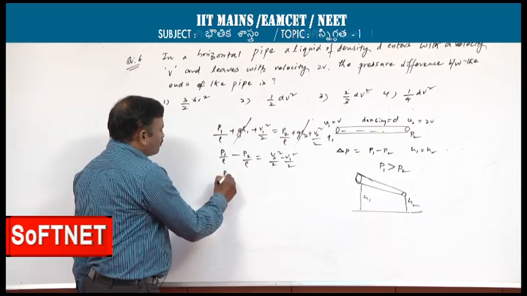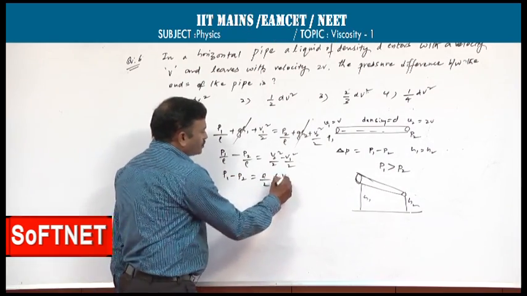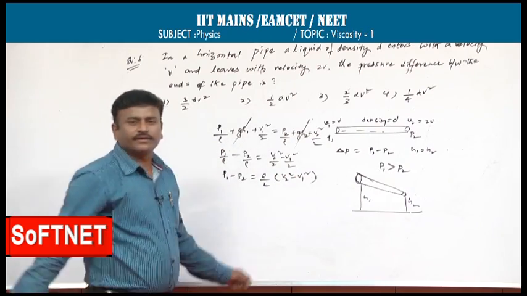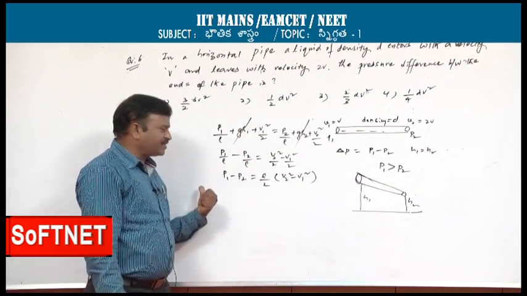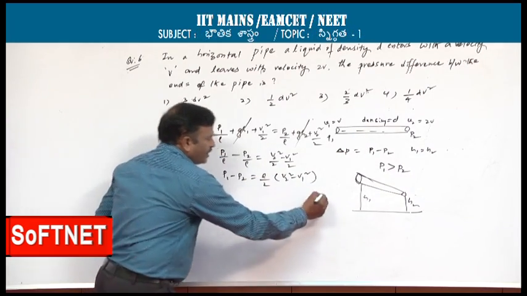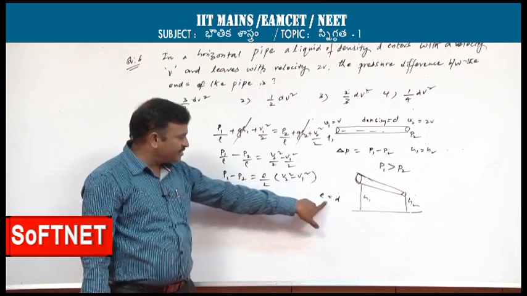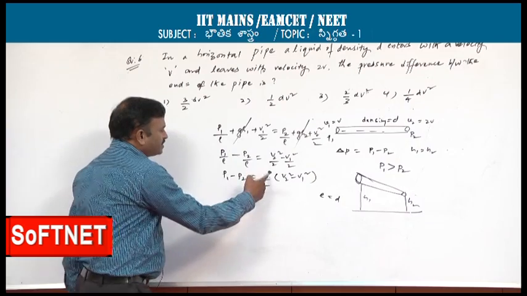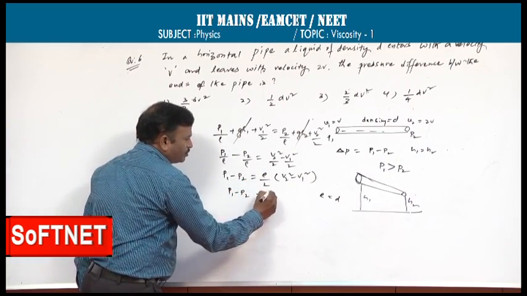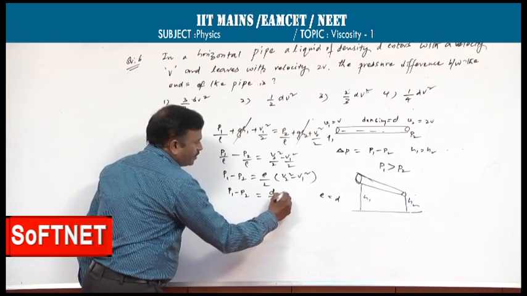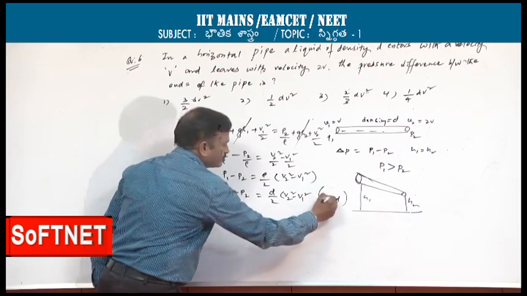We need to find P1 minus P2, which is equal to rho by 2 into V2 square minus V1 square. This rho is D, since in the question the density is given as D. So in place of rho, we can substitute D. P1 minus P2 is equal to D by 2 into V2 square minus V1 square.